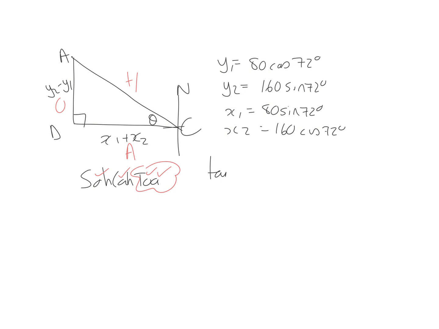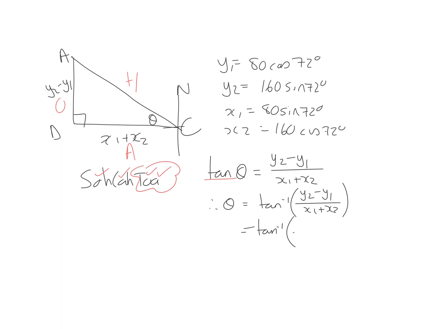So I can go tan of theta equals opposite, which is y2 take y1, adjacent is x1 plus x2. Backtrack tan by going tan inverse of y2 take y1 over x1 plus x2. Now type it in one go.